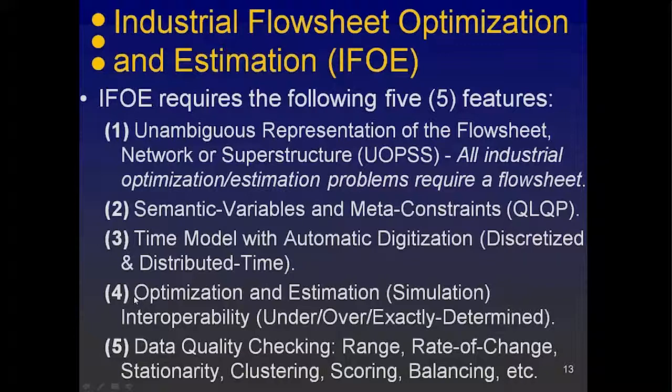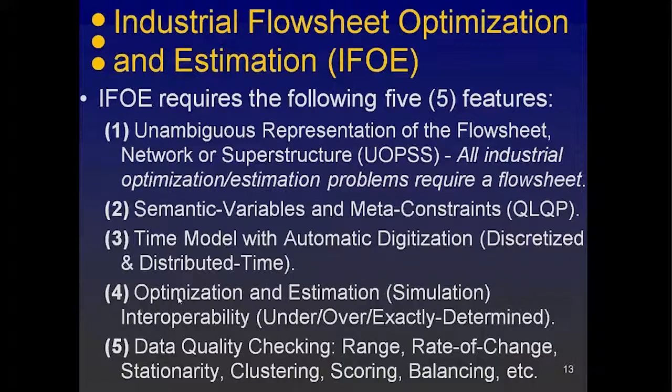The fourth thing is optimization and estimation, and if you have simulation, I know this is what John's software does, APM. It has a nice way of managing optimization, estimation, and simulation. If you take the Fortran 2003 term interoperability, essentially this is what we need with these tools as well.